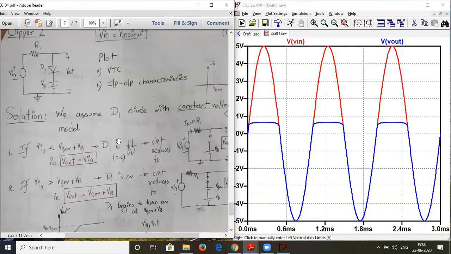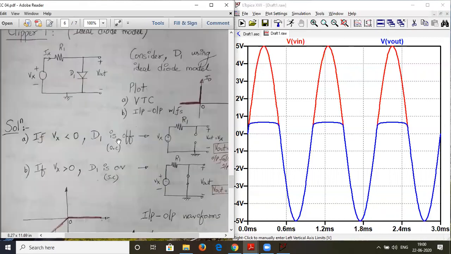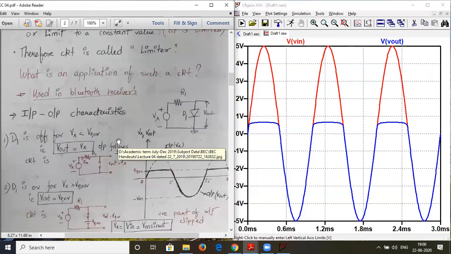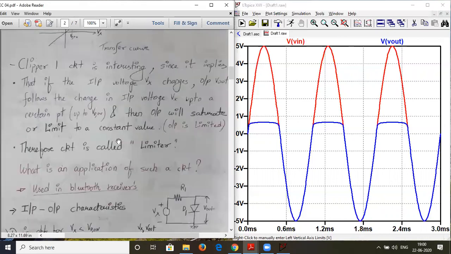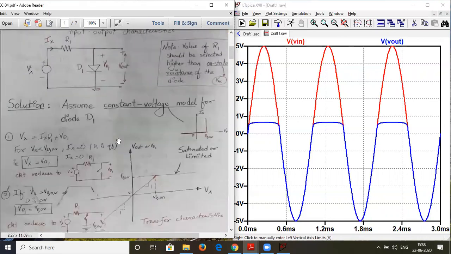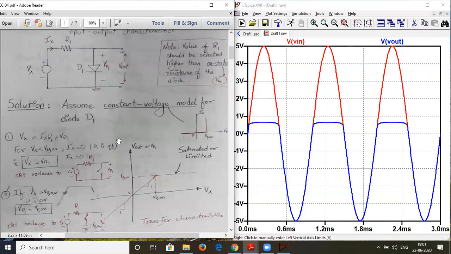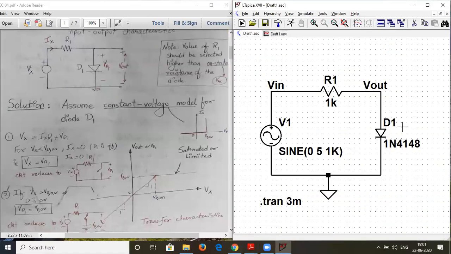We have to go to a constant voltage model. So we have to assume a constant voltage model, that means this diode has a turn on voltage of around 0.7 or 0.6. That's the requirement.